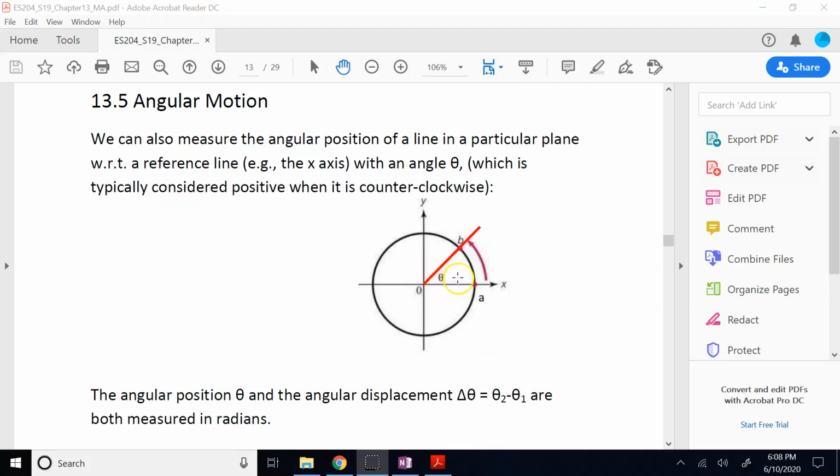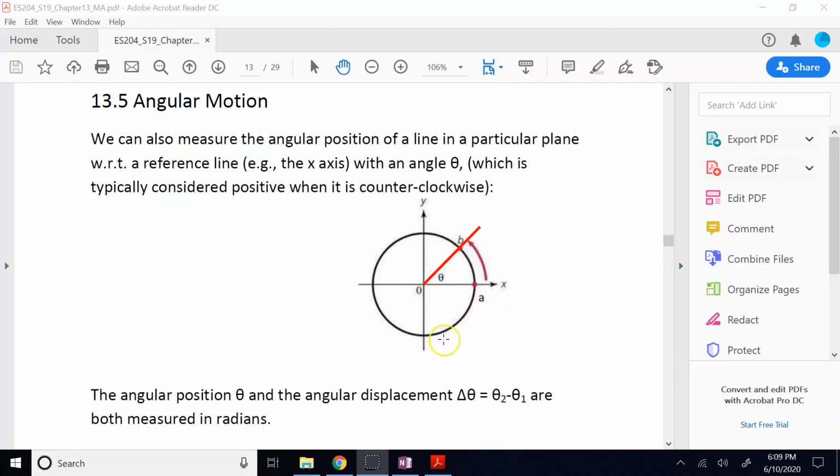So what we do is, if this particle is moving here on a circular path, at any point I define the angle for the position vector OB measured in a counterclockwise manner from the positive x-axis. So it is positive if it's counterclockwise.